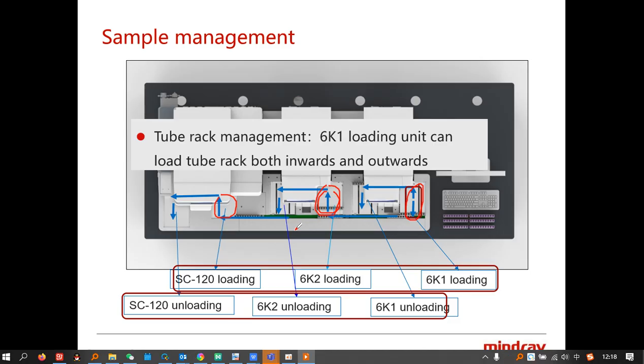The difference between the KEL 6000 and KEL 8000 is the KEL 6000 doesn't allow the racks to move from left to right. We can allow this direction. So as you know, we can set the exam rule in the Lab Expert for the KEL 8000.